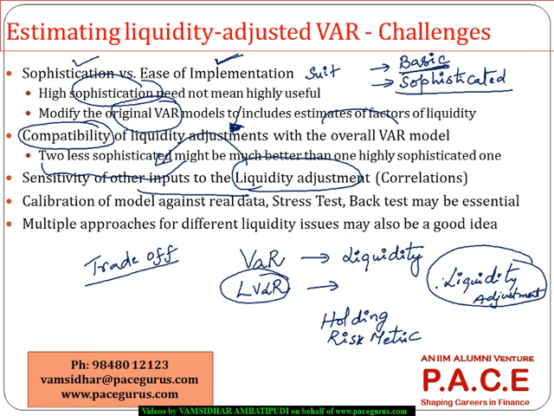Logically speaking, with the concept of regression, these need to be independent. But if the independent variables have some correlation between them, I really need to understand that level of sensitivity, to what extent my other inputs are getting affected because of the introduction of this liquidity adjustment.